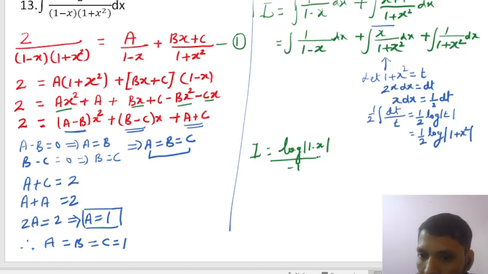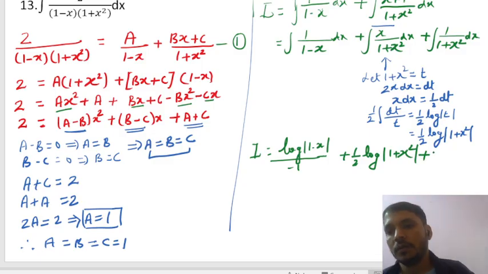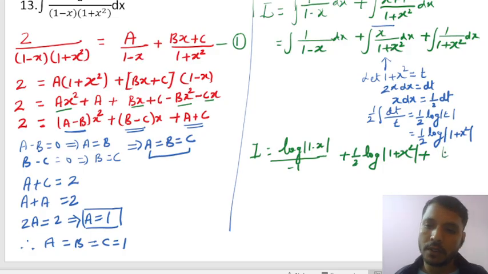Plus here we are getting the answer for the second term. Already we have simplified it: it is log mod 1 plus x square. All right, and the last term is directly formula based, and what is the formula for this?